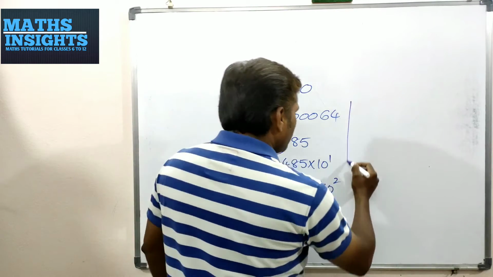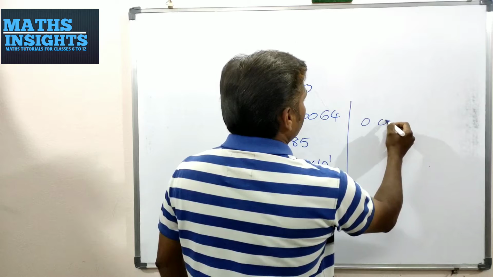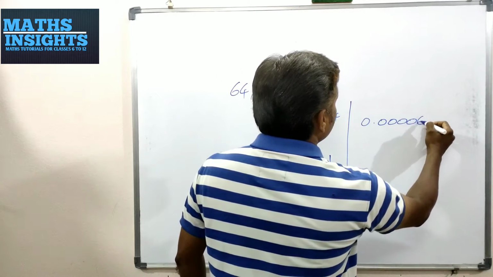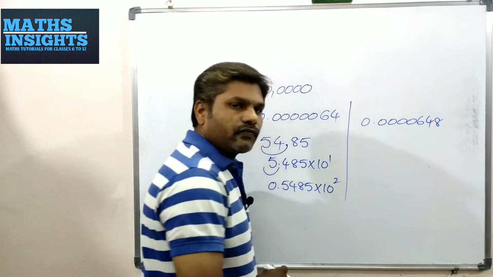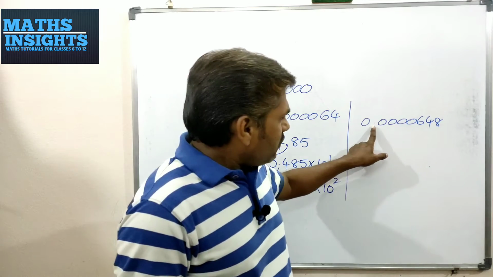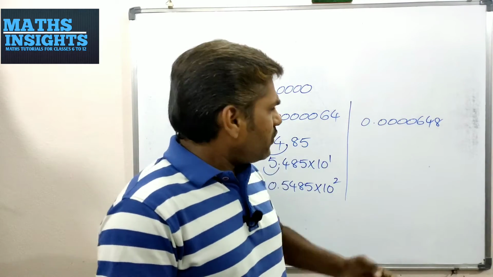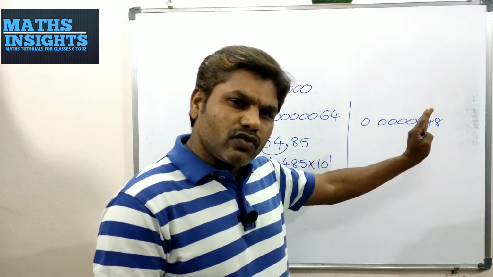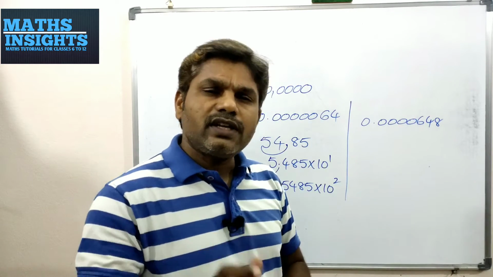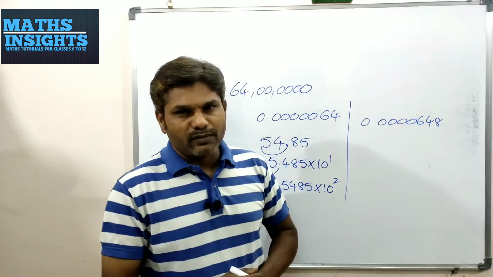Similarly, if you take a very small number like 0.00648, I want to move this decimal point towards the right side. When you move the decimal point towards the right side, automatically you are increasing the value of that number.